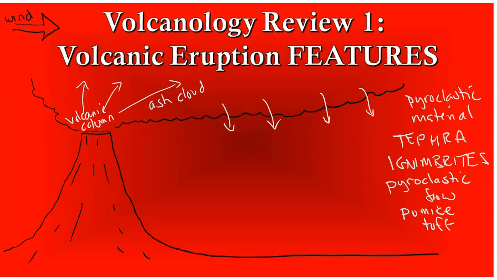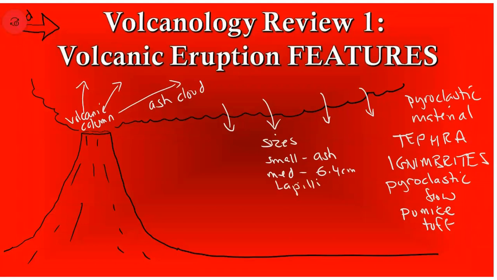So in terms of tephra, you have different sizes. Very small is called ash. Medium sizes, around 2.2 centimeters up to 6.4 centimeters, are called lapilli, or volcanic cinders.